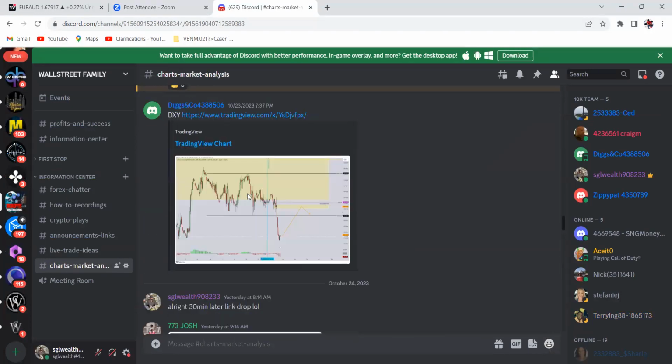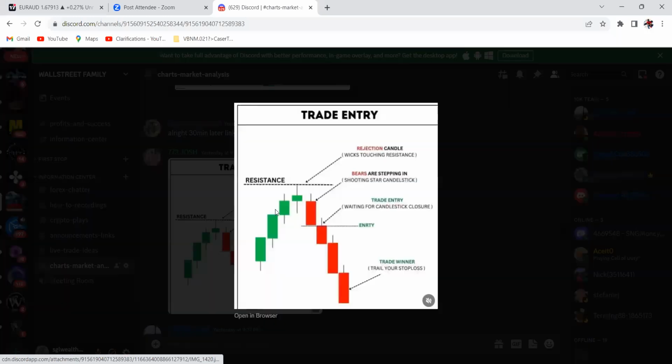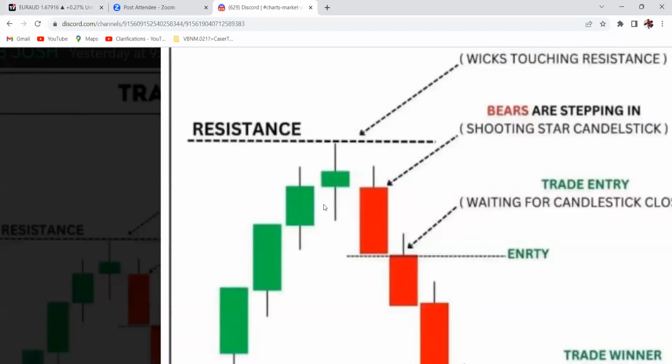Where is it? Guys, boom, trade entry. I always tell people when it's finally time to jump in the market, always remember, whether buying or selling, you see this? This is a sell example. You've got all these bullish candles, and you want to see a bearish candle close below the last bullish candle, the entire candle including the wick.